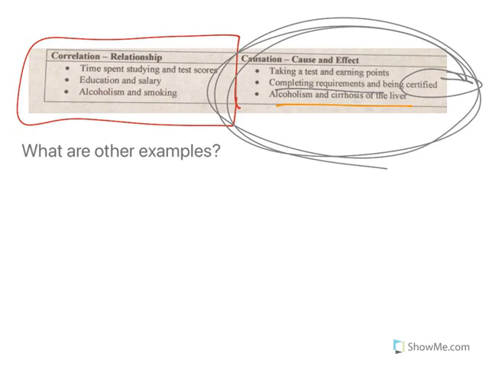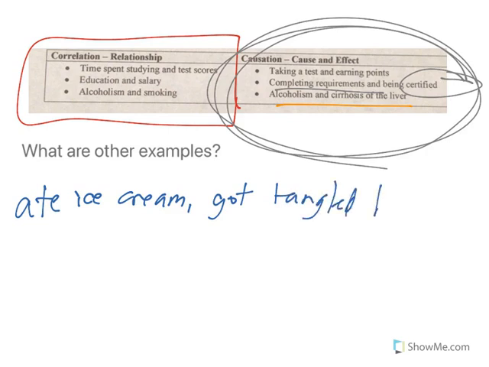And I'm sure we can think of other examples. One that I remember reading about was people who ate a lot of ice cream also got tangled in their bed sheets. So does that mean if you eat ice cream, you're going to get tangled in your bed sheets?